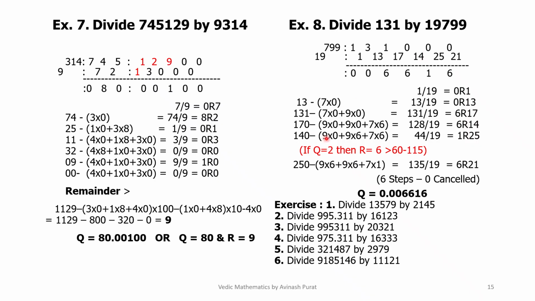So 140 minus 9 into 0 plus 9 into 6 plus 7 into 6, that is equal to 44, divided by 19 equal to 1 and remainder 25.